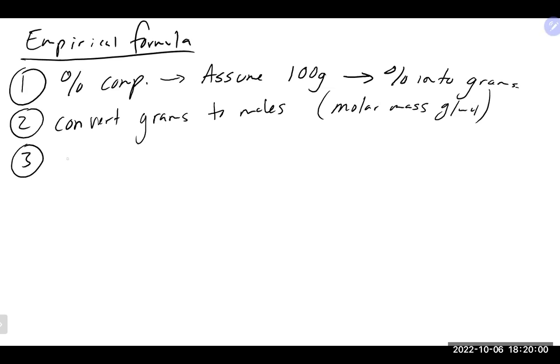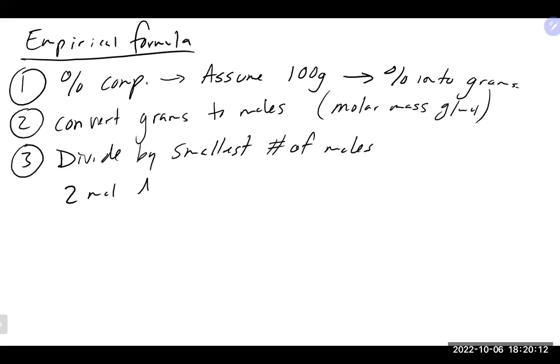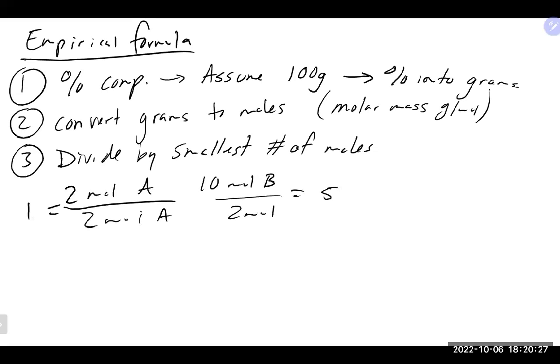So then you would divide by the smallest number of moles. So once again, if we had, say, 2 moles of A and 10 moles of B, when we got to this step, we would divide everybody by 2 moles of A. That would give us 1 for this one and 5 for this one.